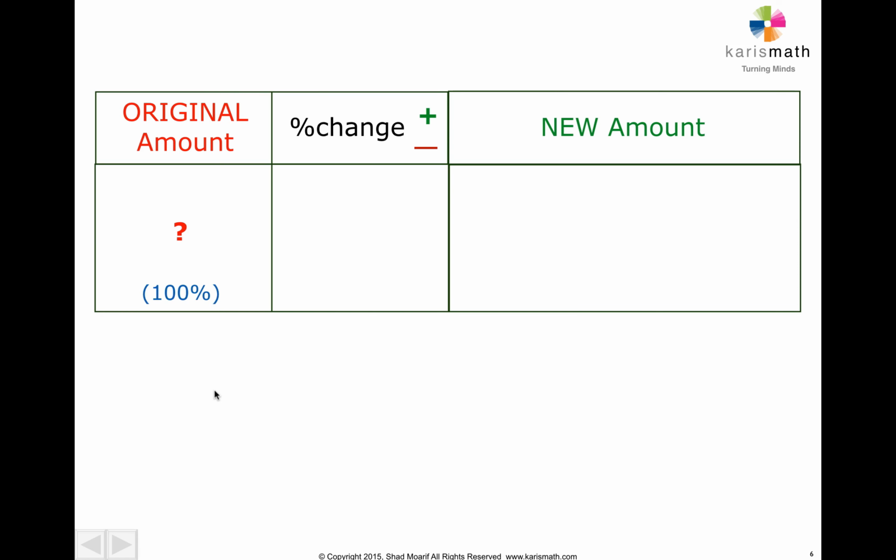Okay, so now that you know how to do this, let's try this one. You try it. You don't know what the original amount is. You know that it's gone up by 56% and the new amount is 962. What was the original amount? What will you do? Right, if the original amount was 100% and you increase it by 56%, then the new amount has to be 156% of the original amount.